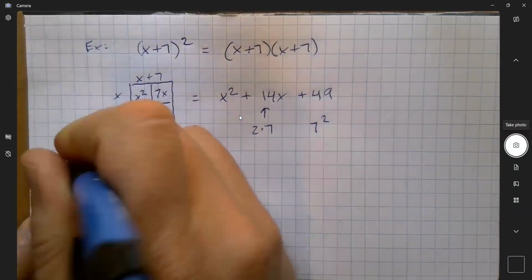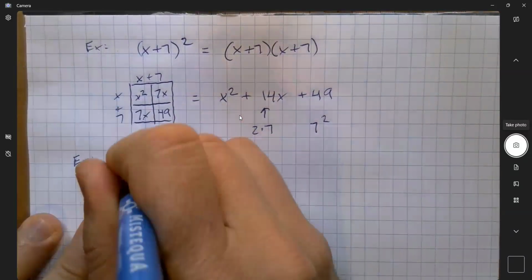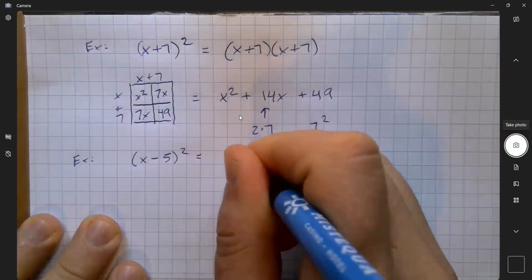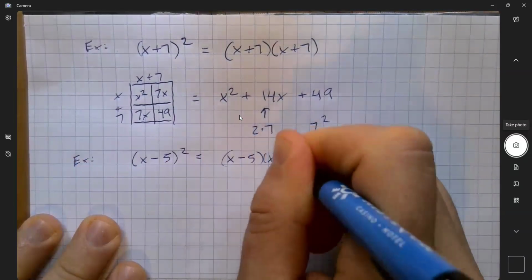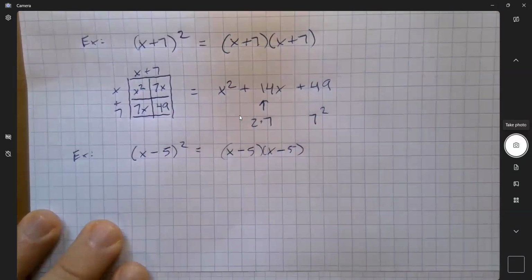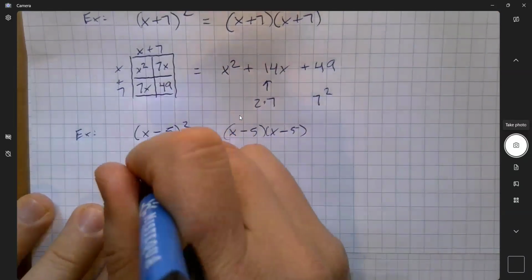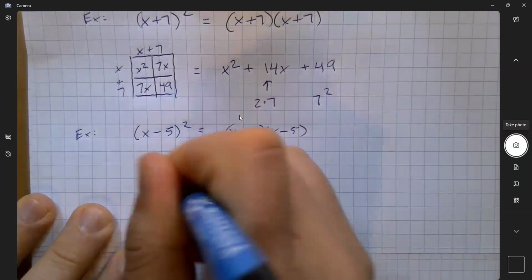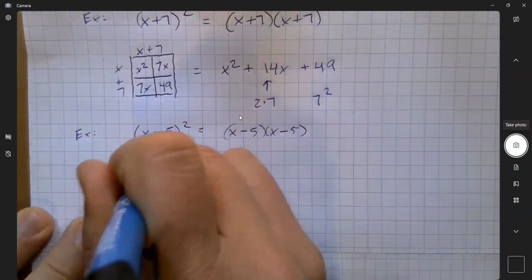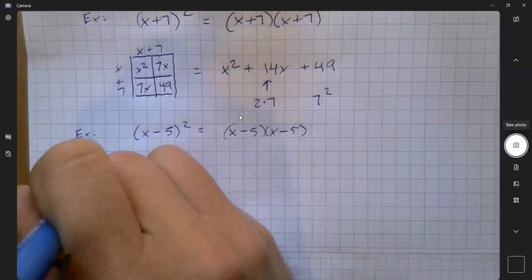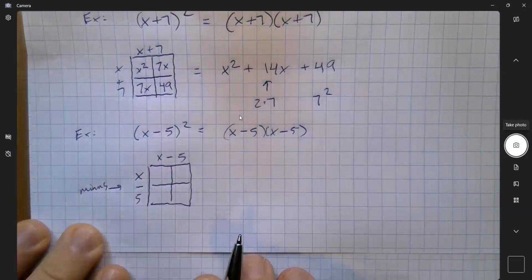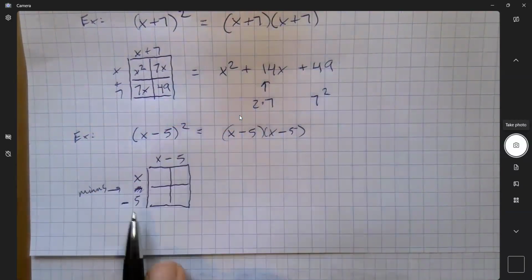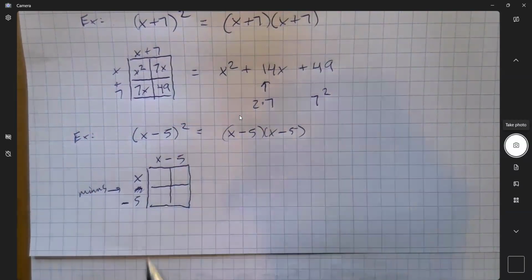This also works if you have something like x minus 5 quantity squared, which is x minus 5 times x minus 5. The box method: x minus 5 and x minus 5. And actually, I'm going to put the minus 5 here because it'll be more obvious when we do the multiplication.